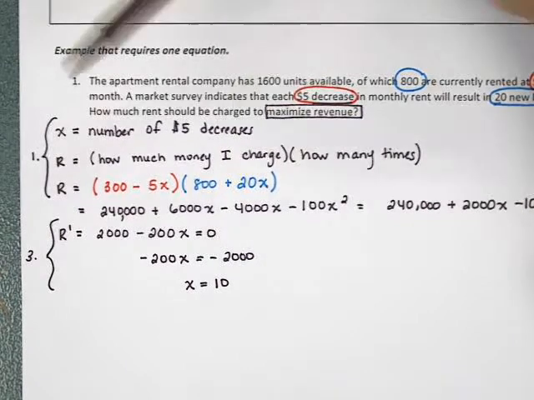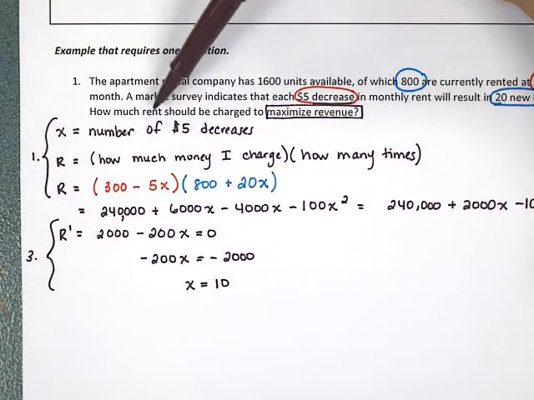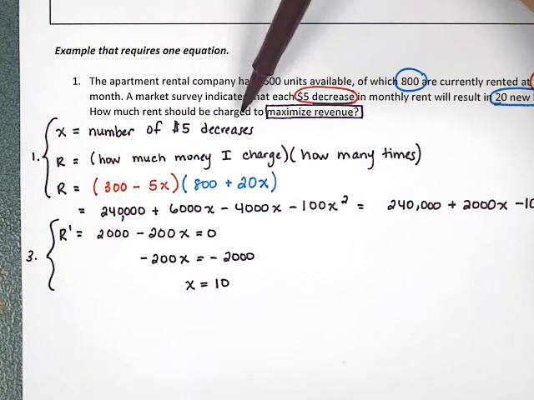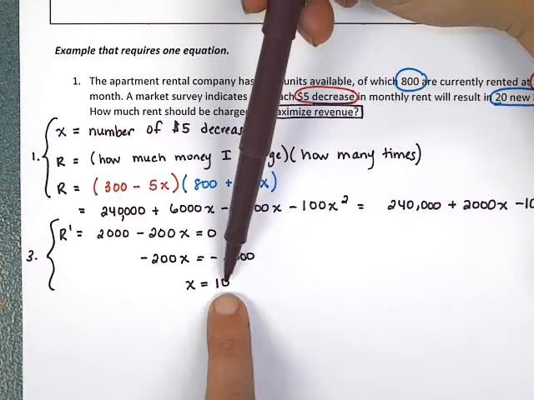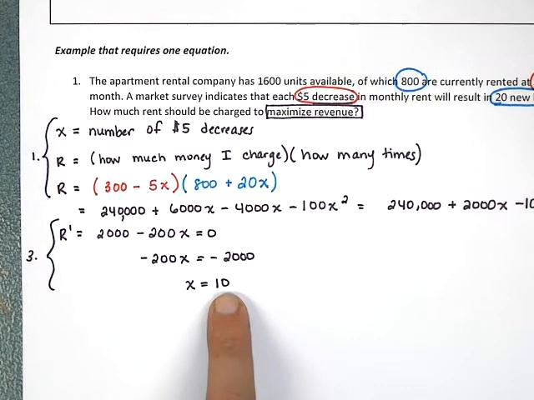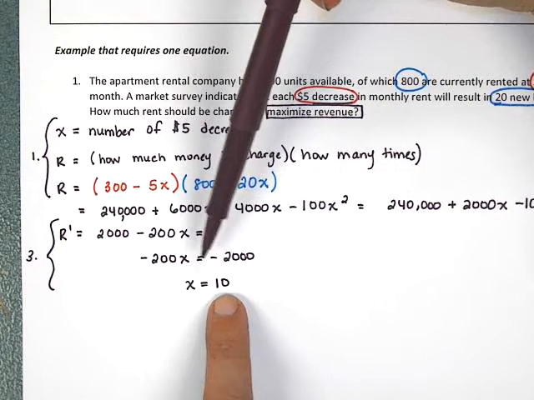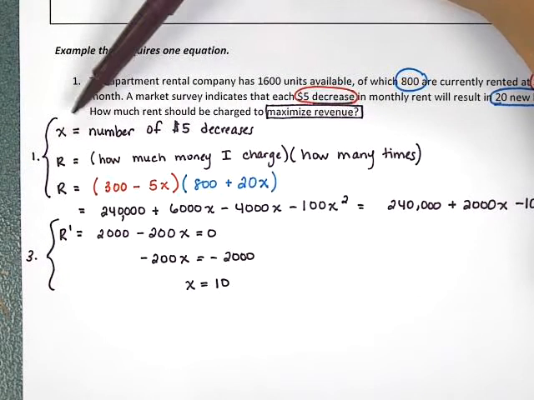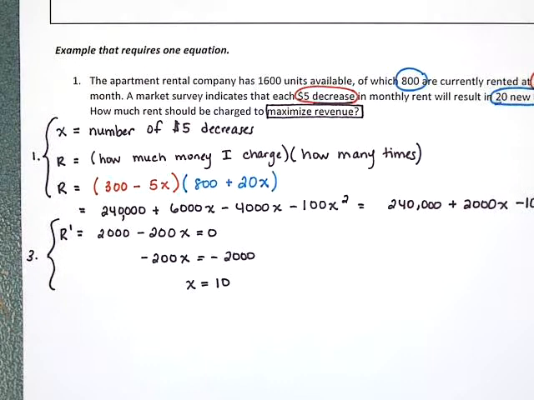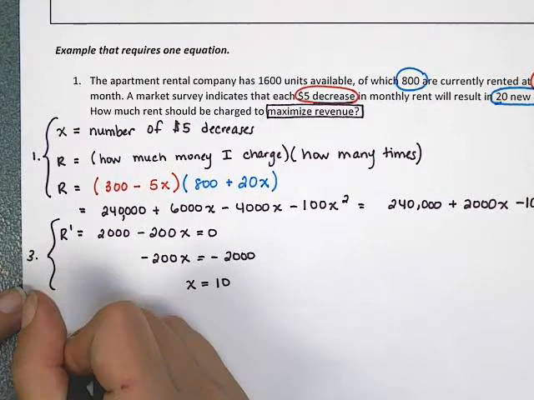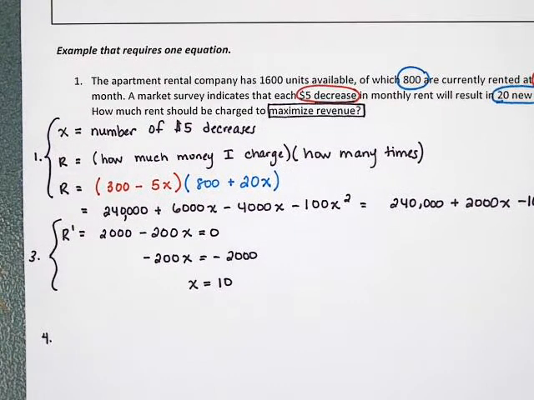The question says, how much rent should be charged to maximize the revenue? Now, if X represented how much rent, that would mean that I'm charging $10 per month. But X represents the number of $5 decreases. So what that means is I'm going to decrease the price 10 times.